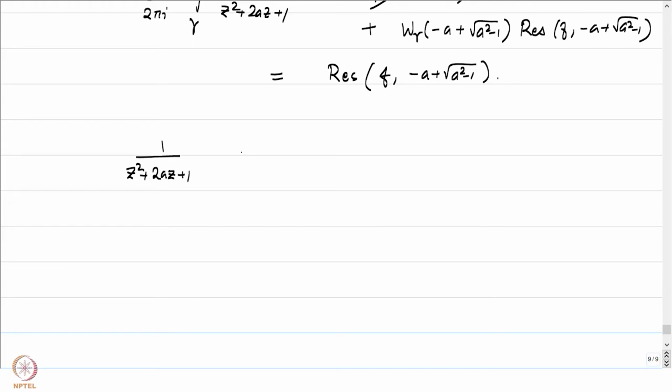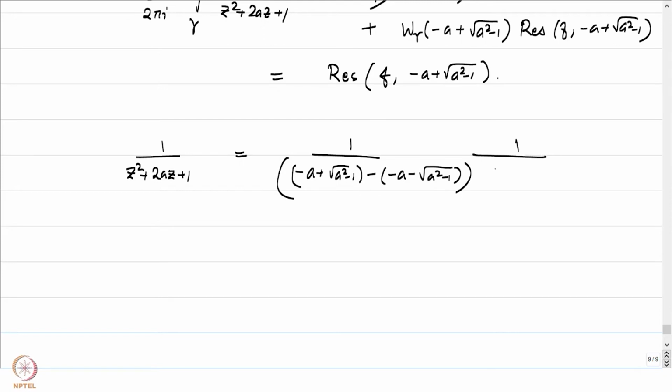By writing it as partial fractions, this is just going to be equal to 1 by the bracket minus a plus square root of a square minus 1 minus minus a minus square root of a square minus 1, times 1 by z minus minus a plus square root of a square minus 1, minus 1 by z minus minus a minus square root of a square minus 1.